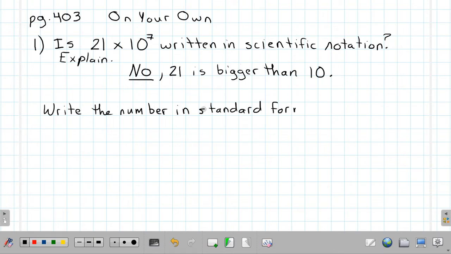So in this case, we're going to be given numbers in scientific notation, and we're going to want to write it in normal number form. So we're going to want to write it as just a standard number, okay?